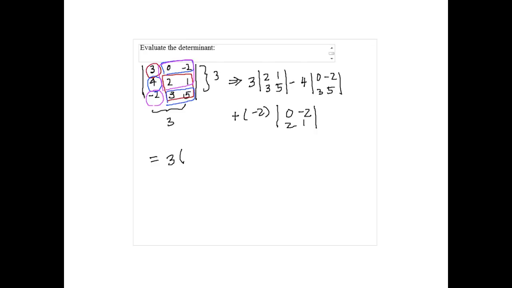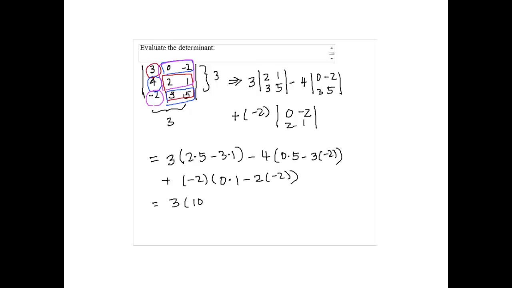So we have 3 times 2 times 5 minus 3 times 1, minus 4 times 0 times 5 minus 3 times -2, plus -2 times 0 times 1 minus 2 times -2.